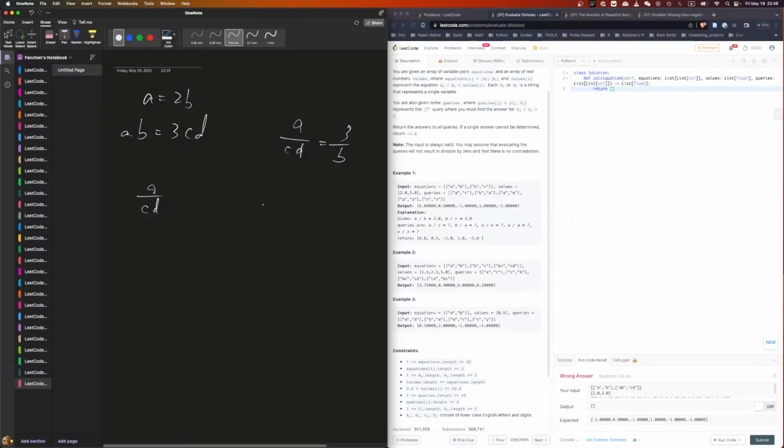So 3 divided by B. B is A divided by 2. So that's all we can know, right? A squared divided by CD equals 6. Wait.